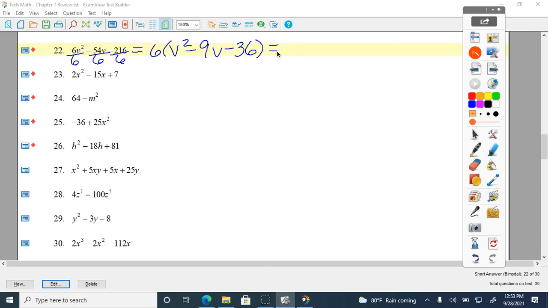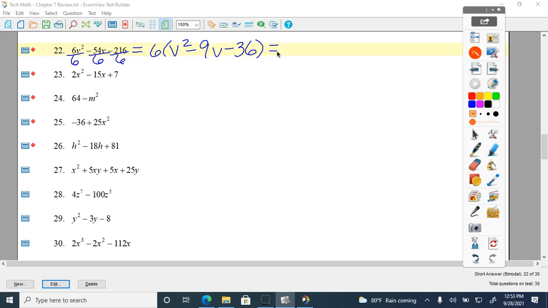Is it possible to keep going? Are there two numbers that multiply to be negative 36 and add up to be negative 9? 4 times 9 does equal 36. We need it to equal negative 36 though.